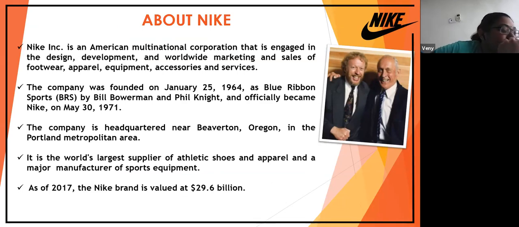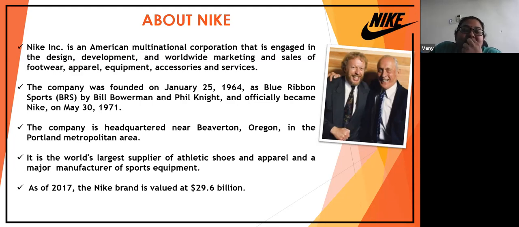The company was founded on January 25th, 1964 as Blue Ribbon Sports, BRS, by Bill Bowerman and Phil Knight, and officially became Nike Incorporated on May 30th, 1971. The company is headquartered near Beaverton, Oregon in the Portland metropolitan area.